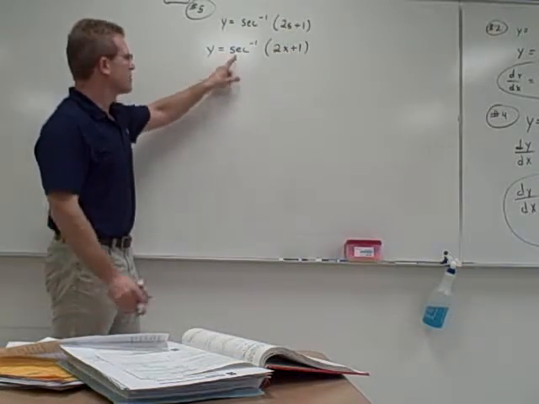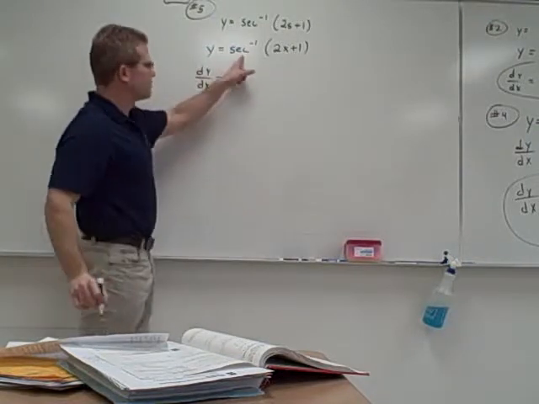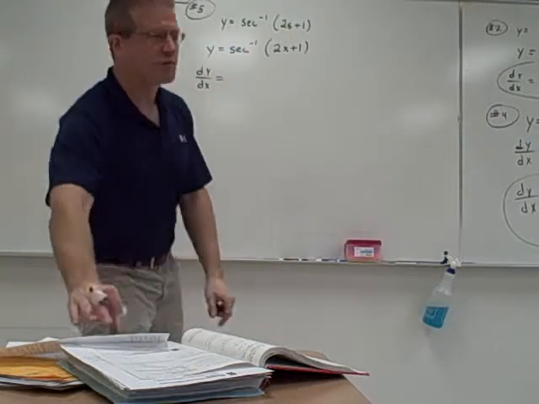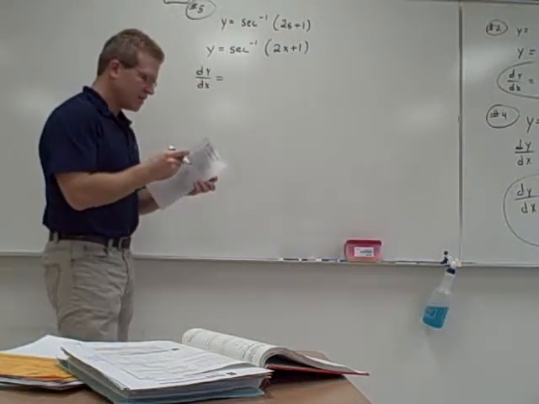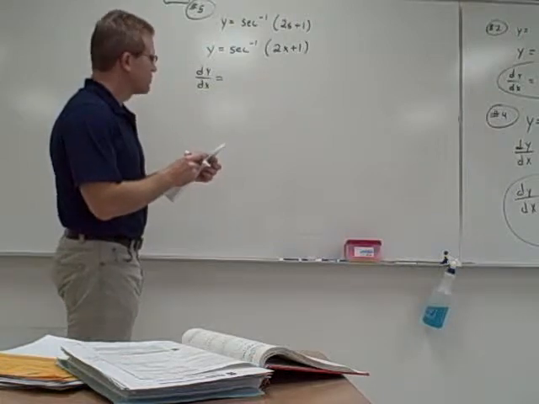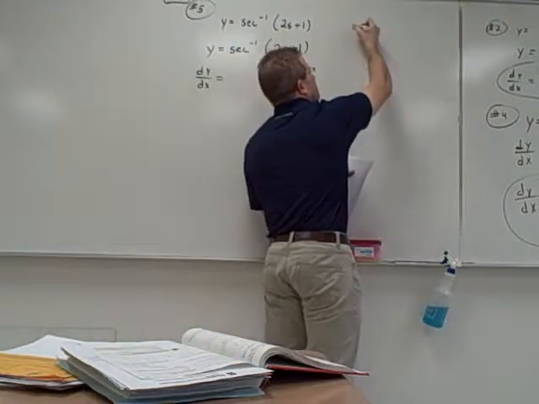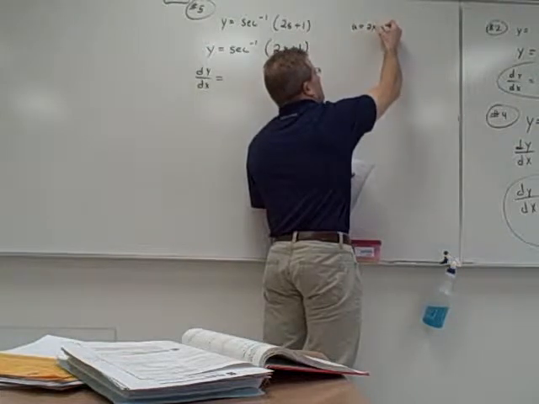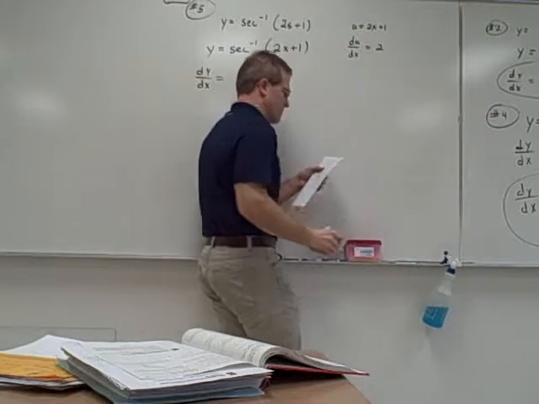Now, we have to think, okay, I want to do the derivative of y, that's dy over dx. The derivative of inverse secant, so you look on your formula sheet, and that is formula C. It says the derivative of inverse secant of u, so my u is 2x plus 1 in this case. My derivative of u with respect to x would just be 2.